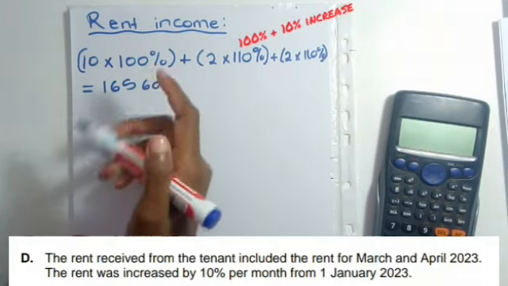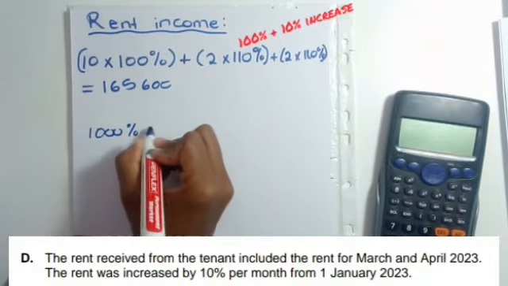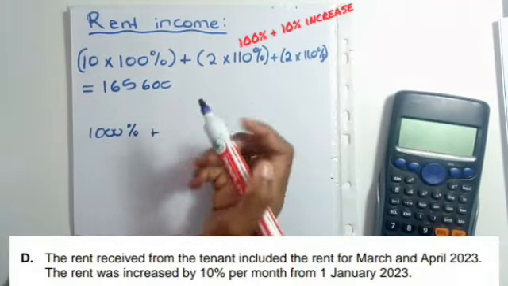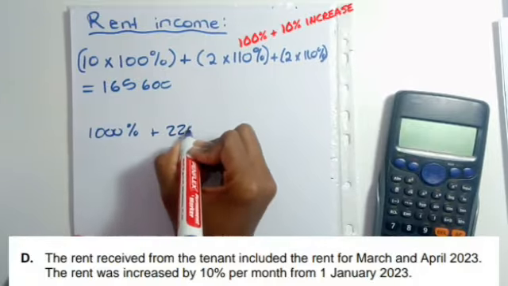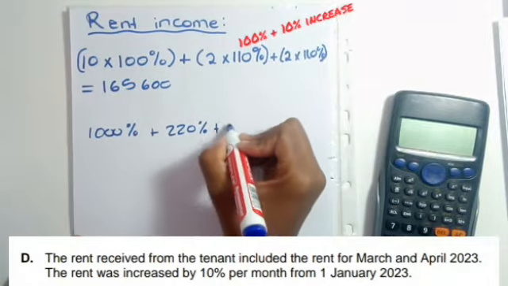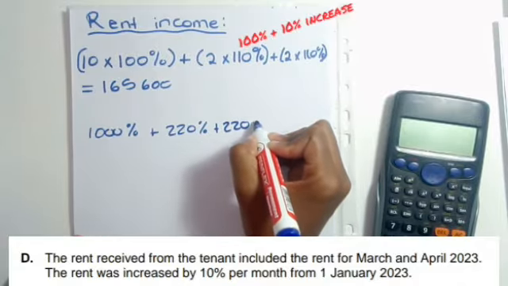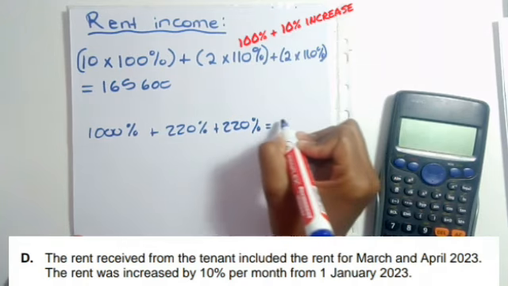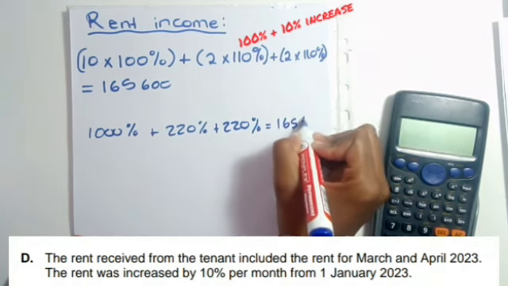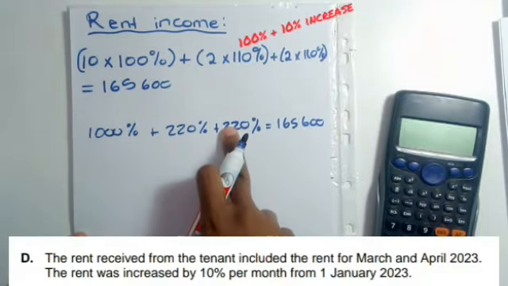So we are going to solve and calculate what is in our brackets. 10 times 100 will give us 1,000%. 2 times 110 will give us 220%, and so will this 2 times 110 give us 220%, and it is all still for 165,600. We put all of these numbers in a calculator.